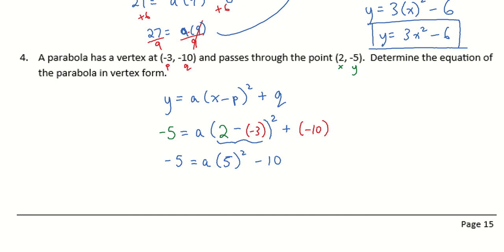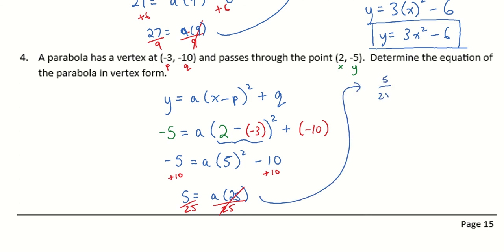Okay, so I'm going to add 10 to both sides and get 5 is equal to a times 5 squared, which is just 25. And then to get the a, I just have to divide both sides by 25. And I can see that a is equal to 5 over 25, which is 1/5 when we reduce that fraction.